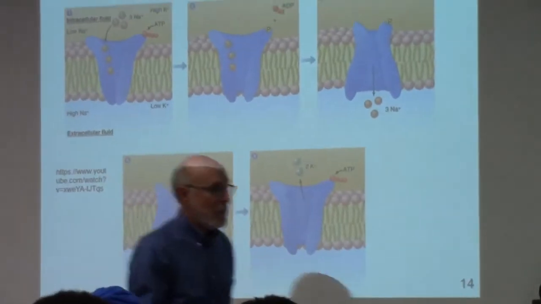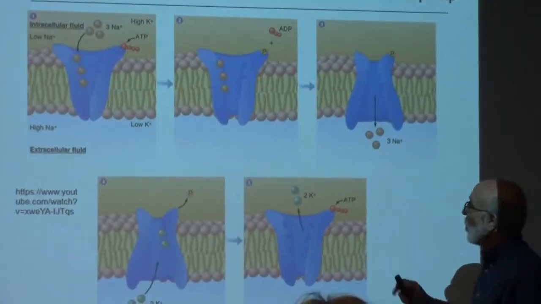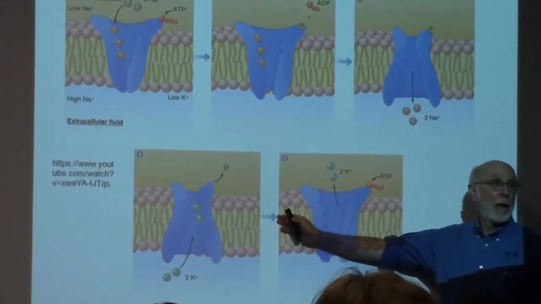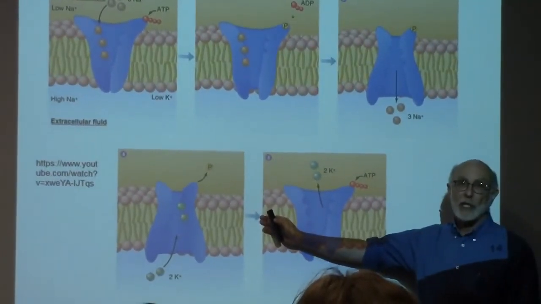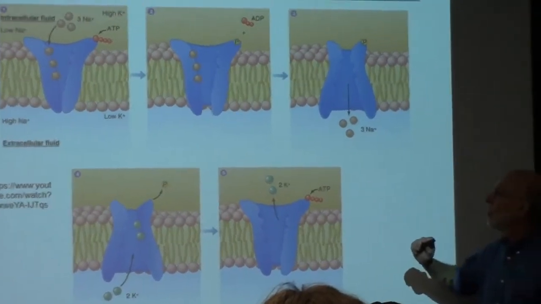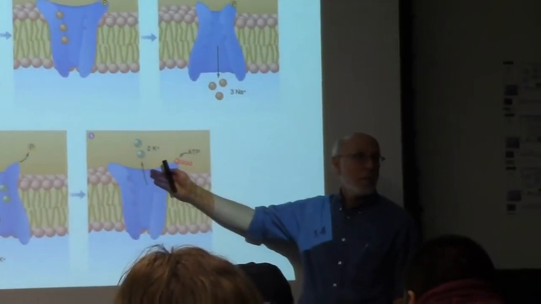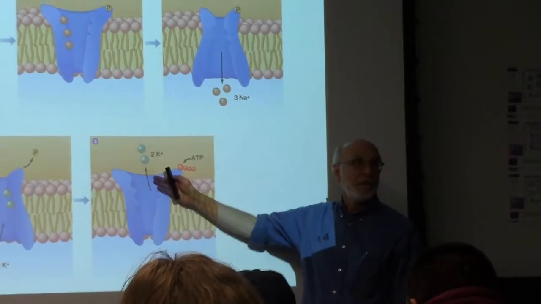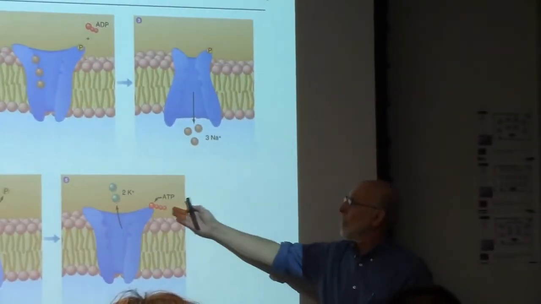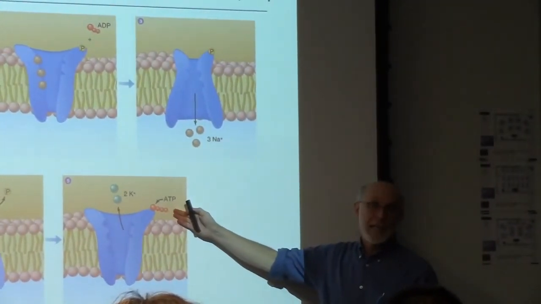What is happening? Let me go over to this side. So now, what is embedded in this arrow? Conformational change. Unbinding and diffusion. Binding of ATP.